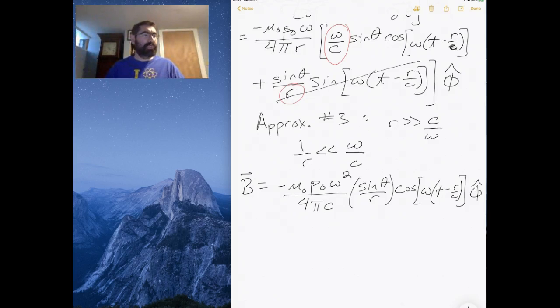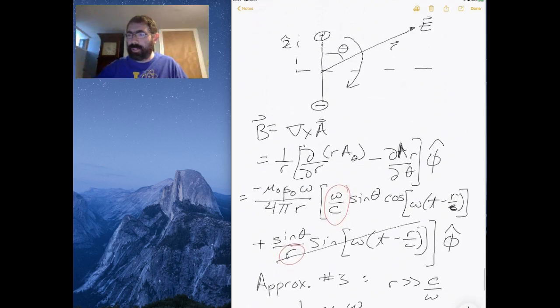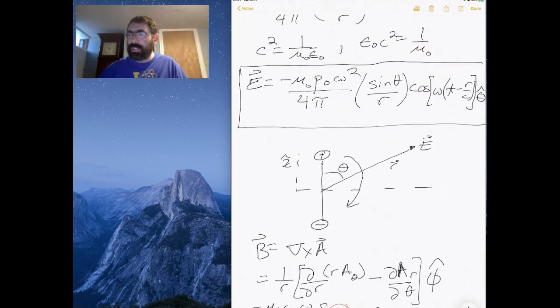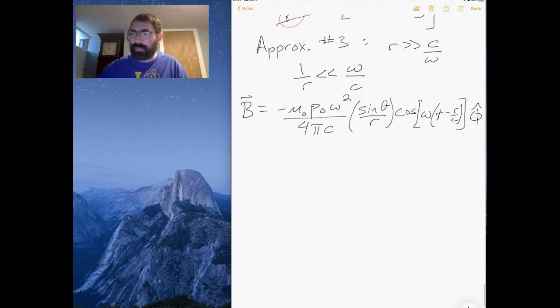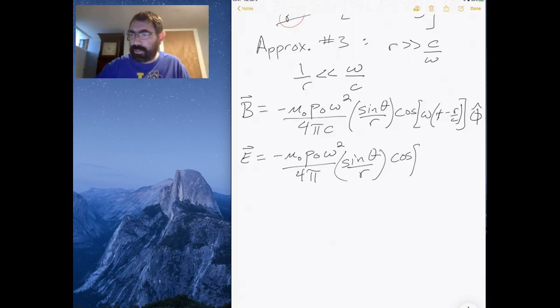Okay, so what we can do is compare that to what we got for the electric field up here. So why don't I write that down just for comparison? And what you see is minus mu 0 p0 omega squared over 4 pi, sine theta over r, cosine of omega t minus r over c, in the theta direction.